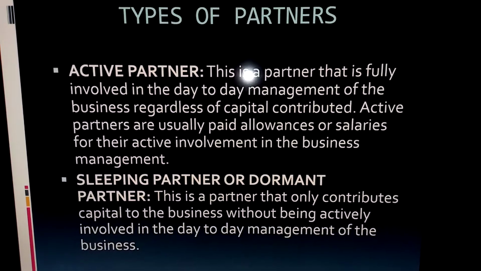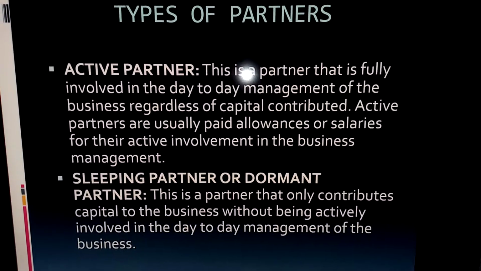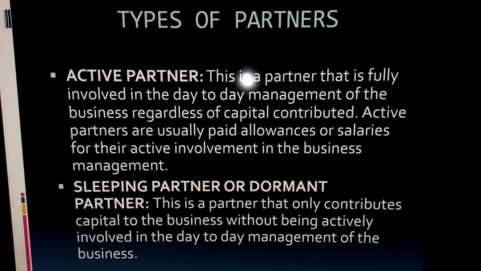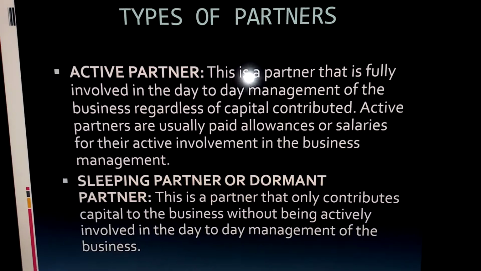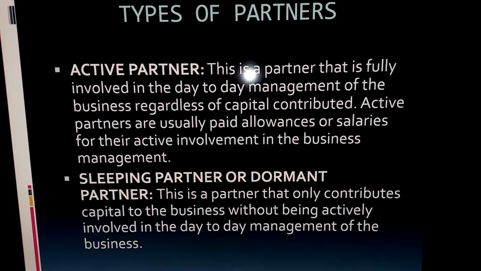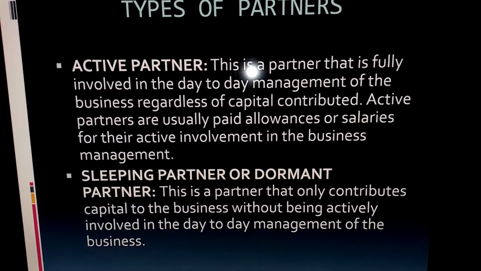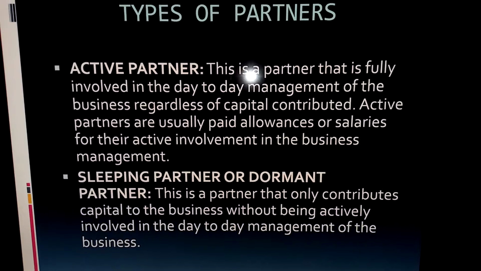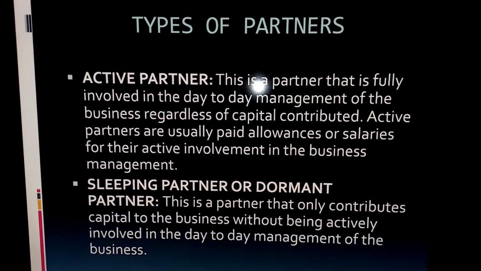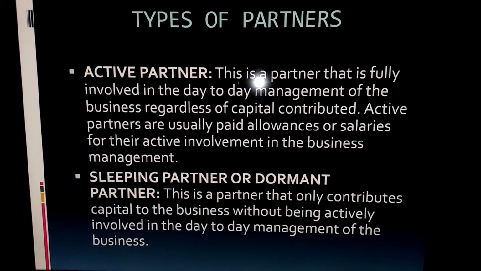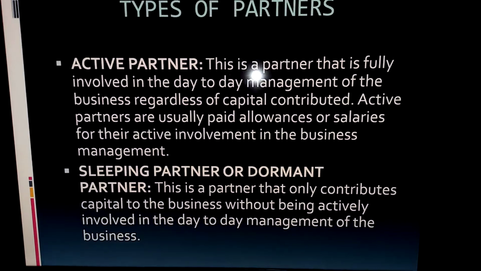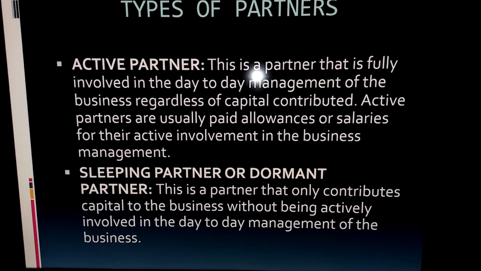An active partner is a partner that is involved in the day-to-day management of the business, despite capital contribution. Usually when you have an active partner, you have allowances or salaries paid to him for active involvement. So any partner that is actively involved in running the partnership business is referred to as an active partner. Now we have the sleeping partner or dormant partner.